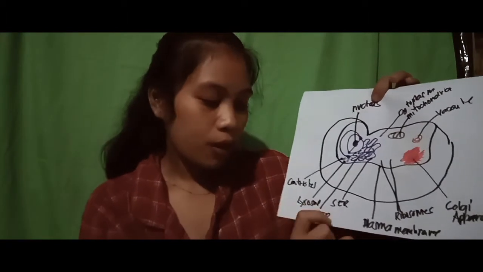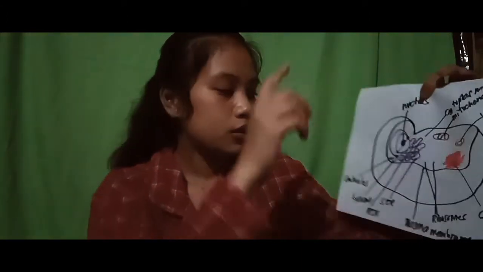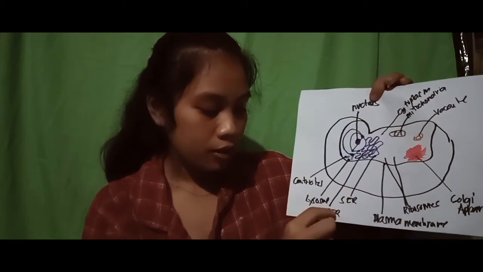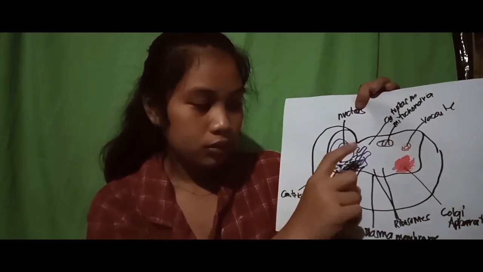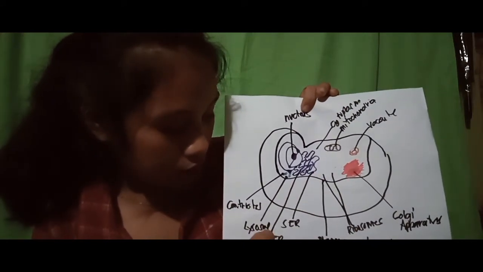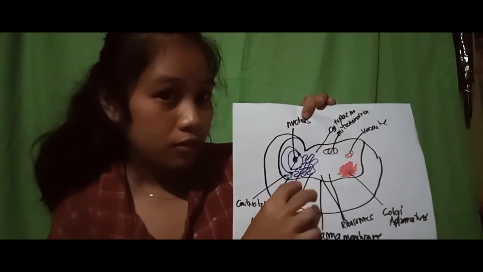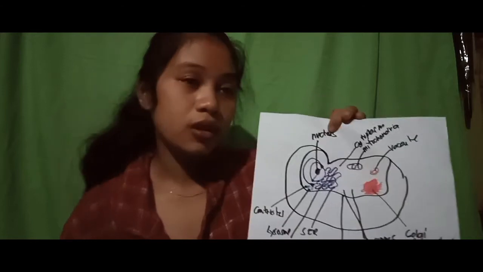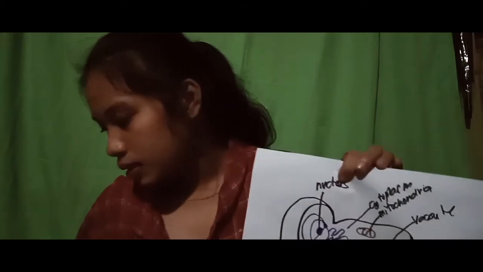There are two types, smooth and rough. The smooth doesn't have ribosomes. The rough has ribosomes. So, what are ribosomes? Ribosomes are the ones that help in protein synthesis and lipid synthesis.